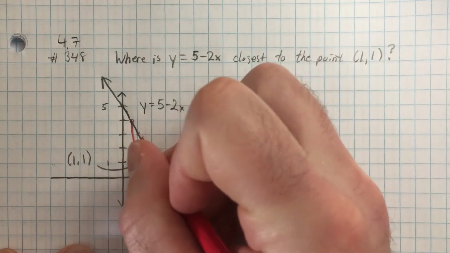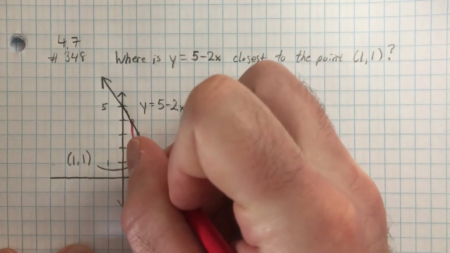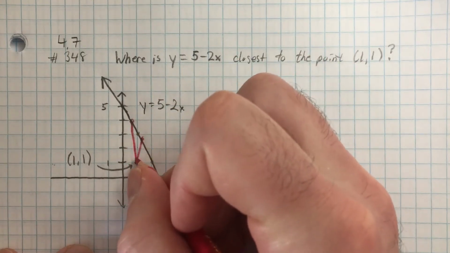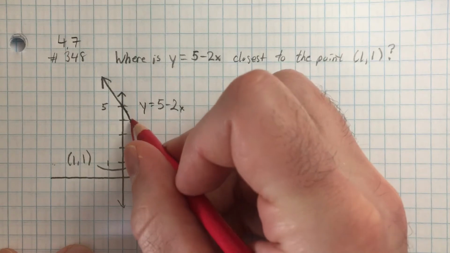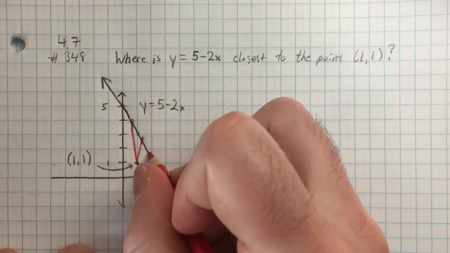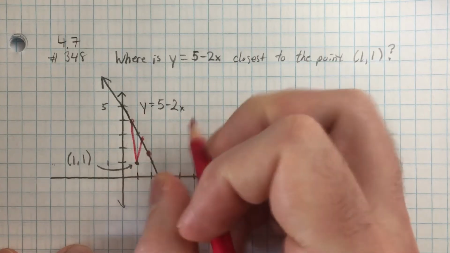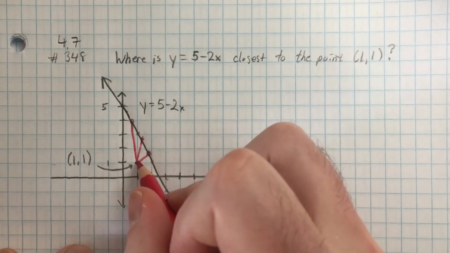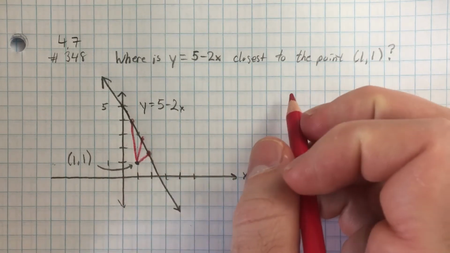Another one here maybe. So this is obviously closer, right? The straight line distance is smaller, right? The distance is smaller here than it is here to get from that point on the line to this point 1, 1. And eventually work our way down to this one, which looks like it's probably the closest, right? Which means the smallest straight line distance.